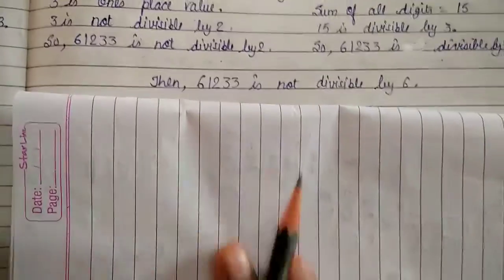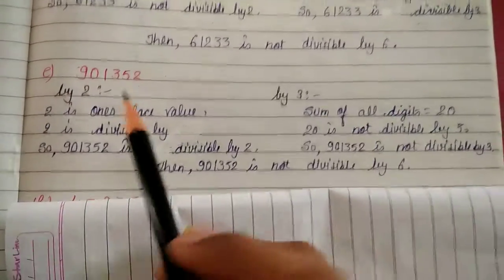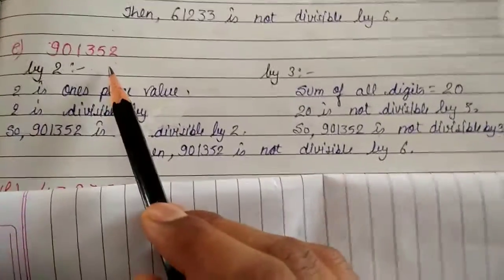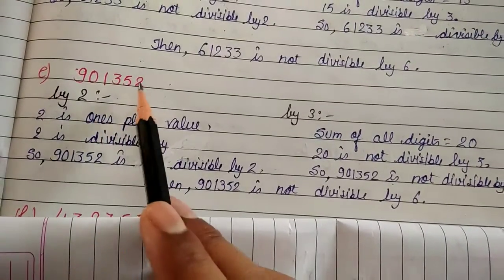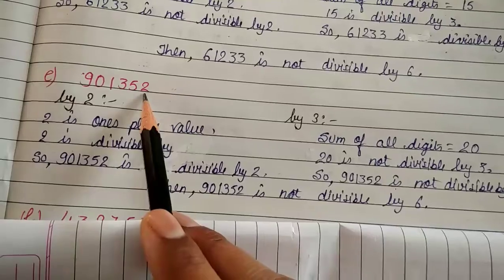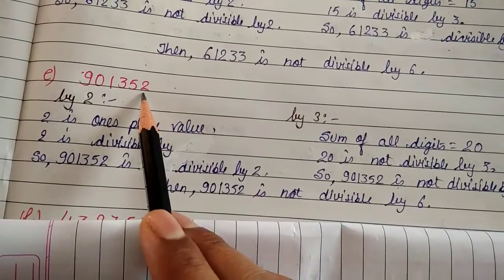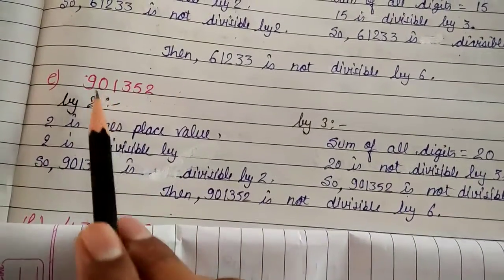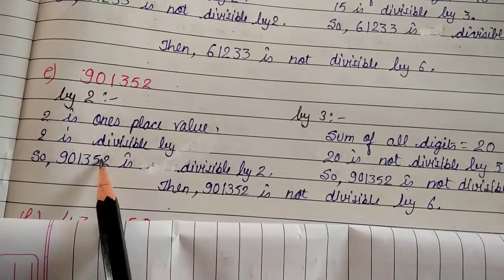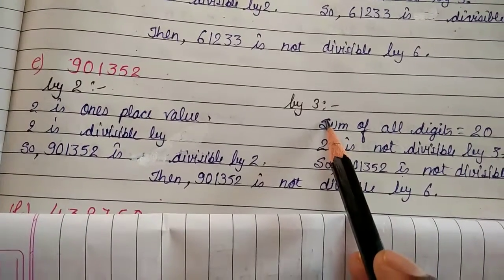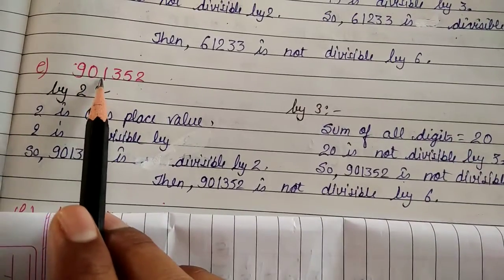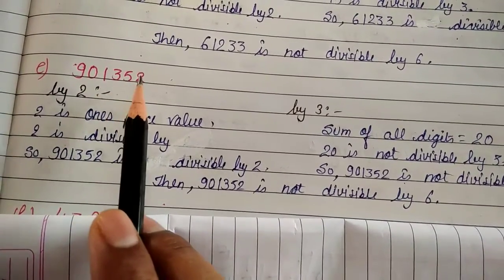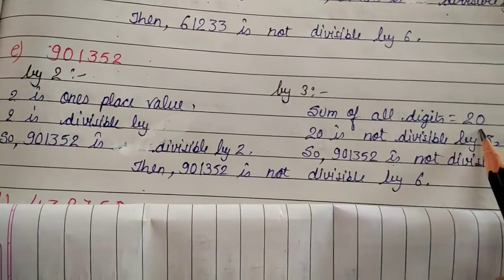Then after that, we have the E part, 901352. In this, for the divisibility of 2, we check the ones digit, and the ones digit is 2, and 2 is divisible by 2. We can say this number is divisible by 2. And for the divisibility of 3, when we add all digits, 9 plus 0 plus 1 plus 3 plus 5 plus 2, we get 20.